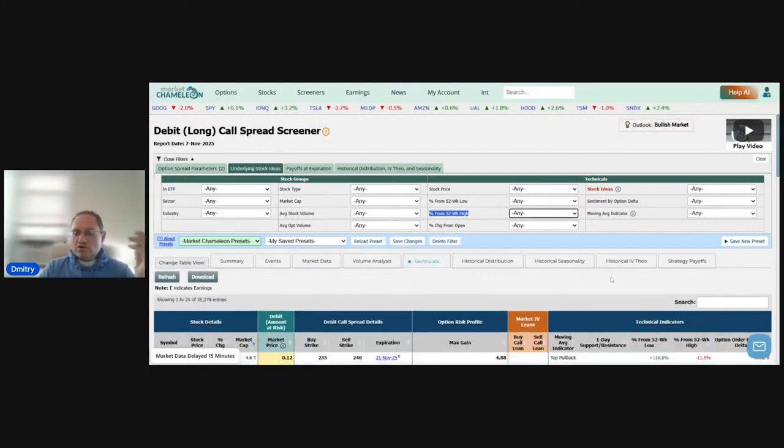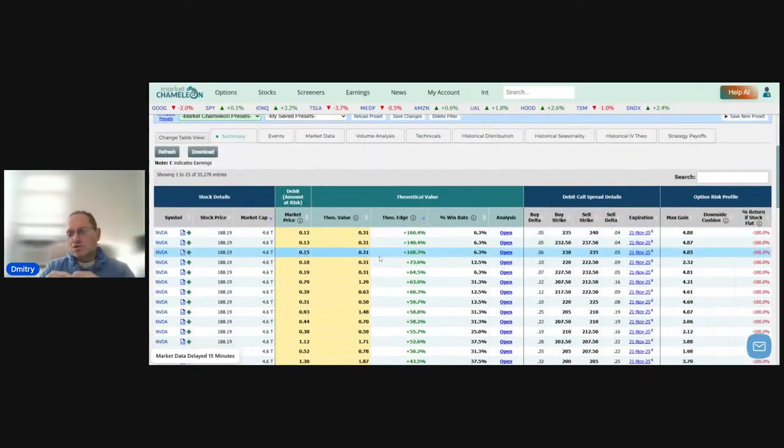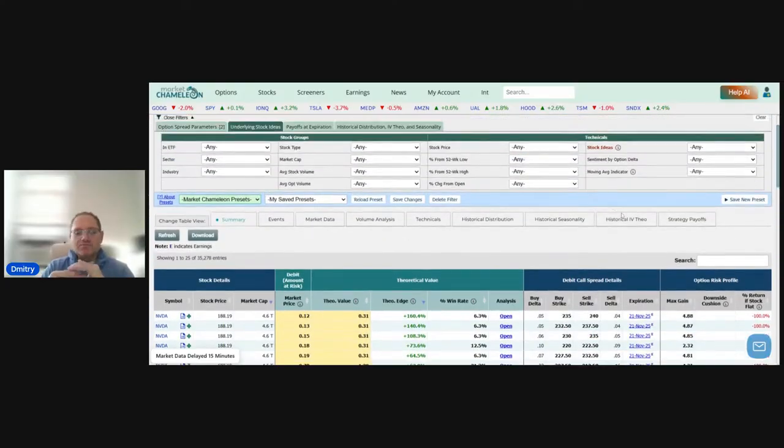And you know what? Maybe what I should have first done is narrow down these call spreads. So I'm going to go back to the summary, and what we'll do is just to narrow down the symbols. Let's first look at call spreads, okay, that show a theoretical edge based on historical stock moves.